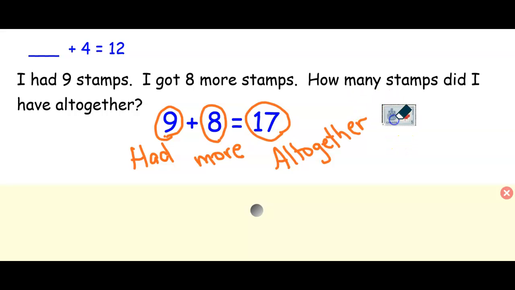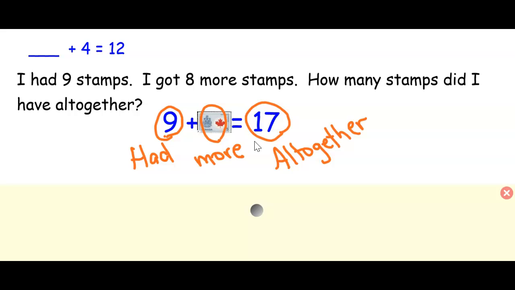So if I didn't know one of the numbers, for example, if I didn't know what the 8 was, if that was the missing part, then I could see I have 9 and I have 17, and I need to figure out how many more I needed from 9 to make 17. So one way to figure this out is by saying the number 9, and then counting on: 10, 11, 12, 13, 14, 15, 16, 17.